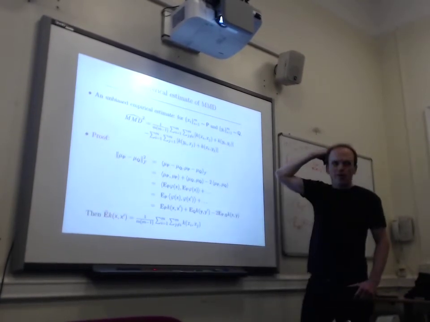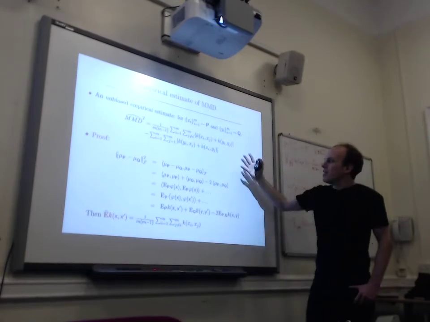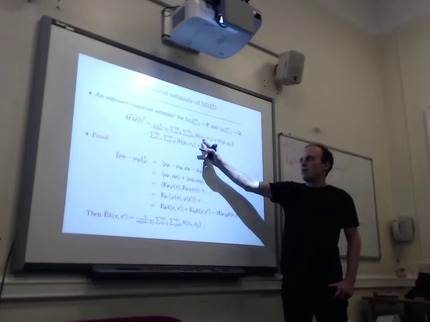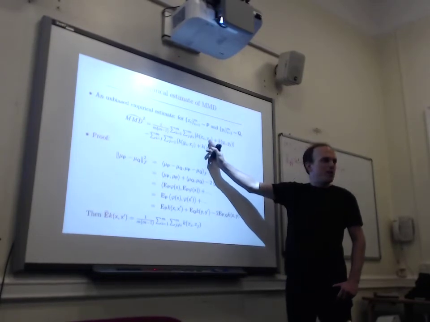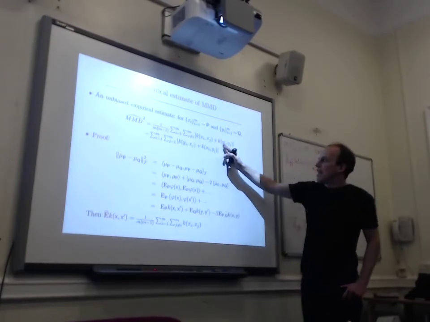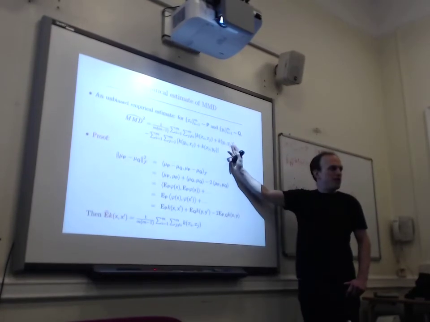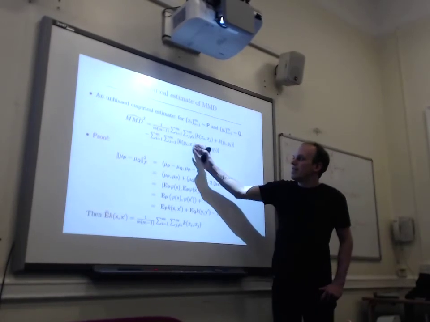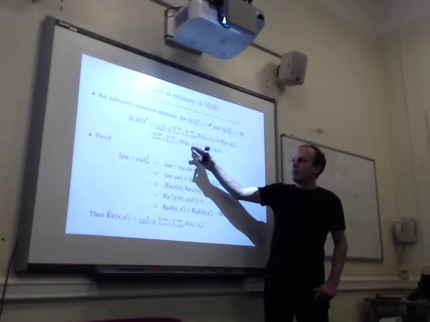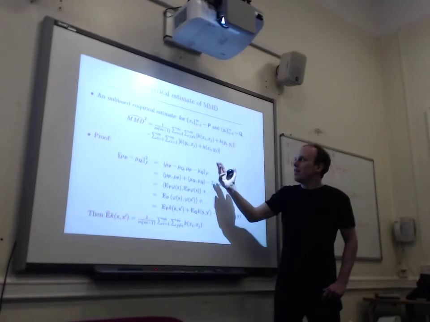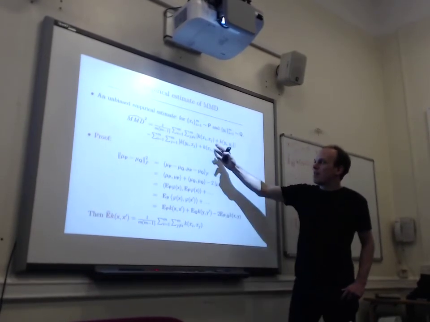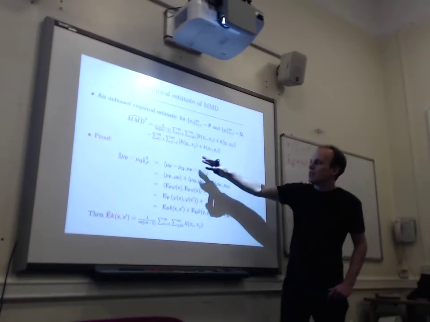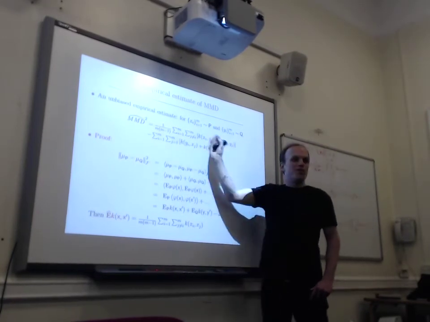So if you think of a kernel as a similarity measure, what does this expression represent? Well, this represents the average similarity between points from P and other points drawn from P. And this is the average similarity of points from Q and other points drawn from Q. And then this thing here is the average similarity of points from P to points from Q. So if on average, the similarity between P and itself and between Q and itself is equal to the similarity between P and Q, then all of this cancels.